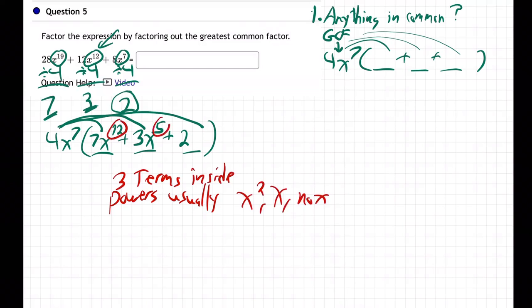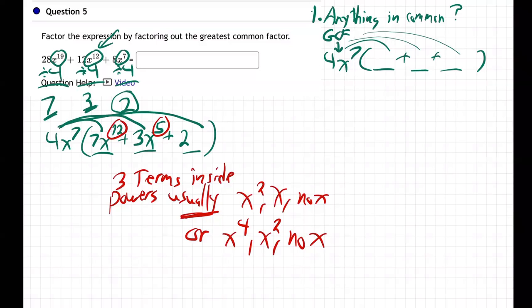But this one is 12, 5, and then no x. So that's just not going to work. They're usually x squared, x, and no x. Or sometimes they're x to the 4th, x squared, no x. That'll work also. But these guys are not going to work.